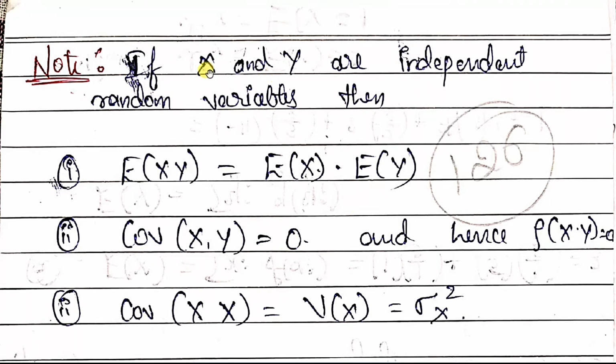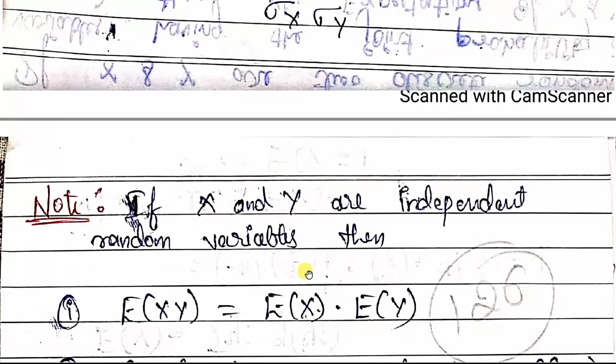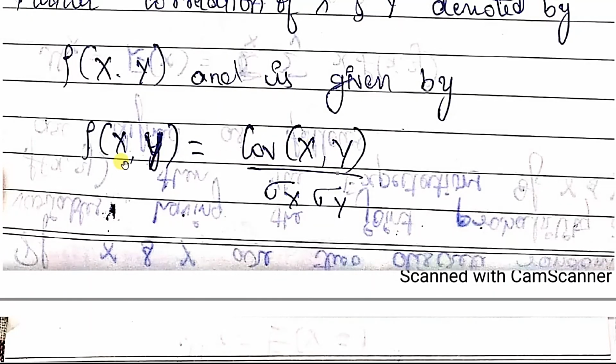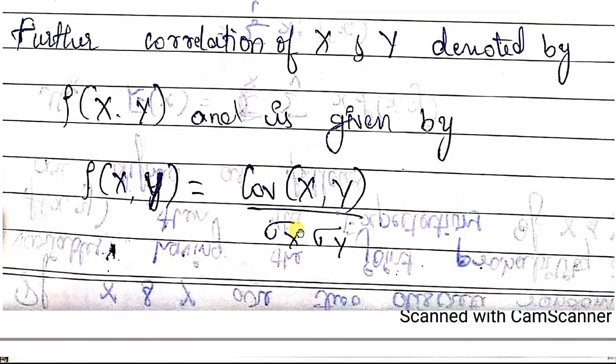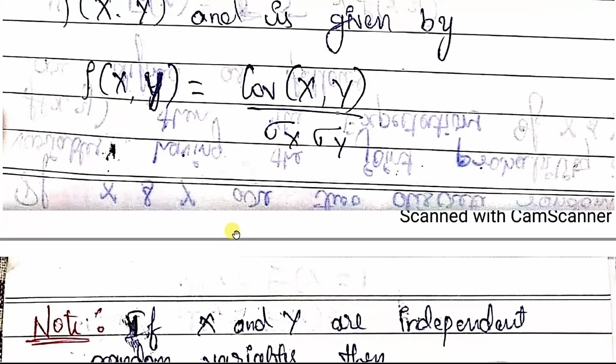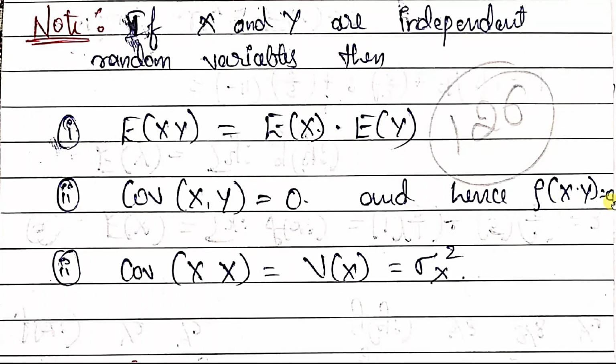See, if x and y are independent random variables, then the covariance of those two will be 0, and if covariance is 0, further correlation also will become 0, right? 0 divided by anything will be 0, so correlation also will become 0.